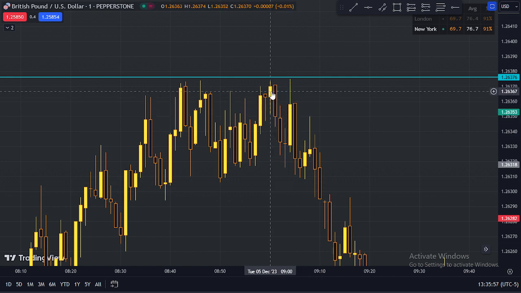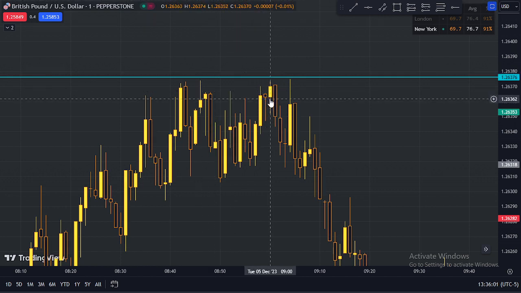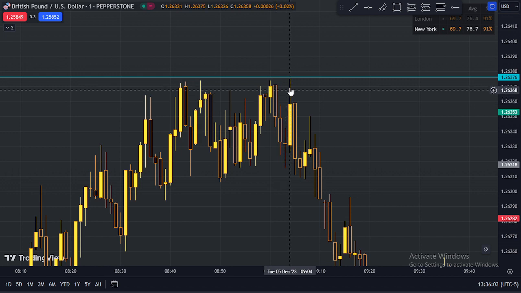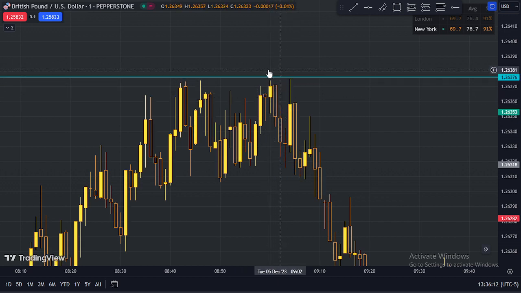So 375, this high, look there, 0.26374 by a pip. It went past it by a pip. That alone makes it buy side has been taken there.